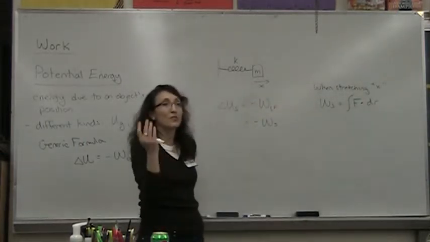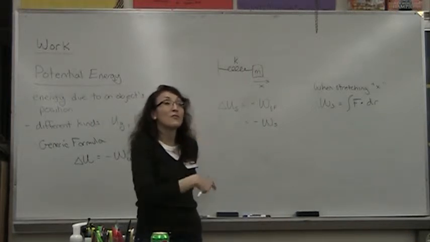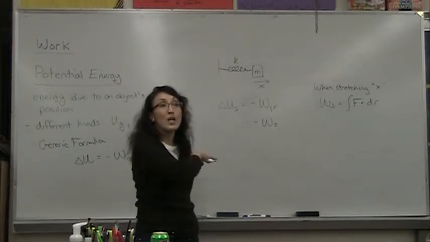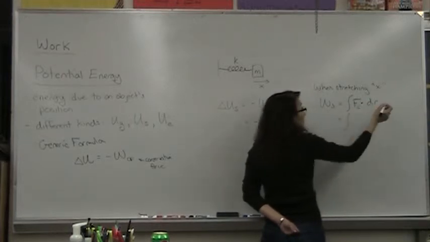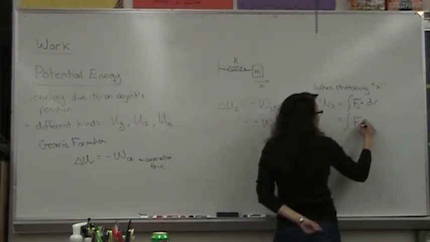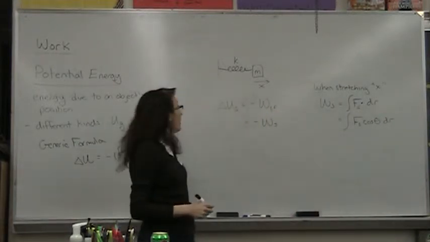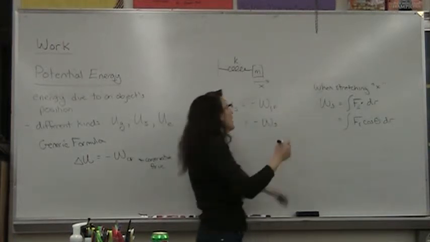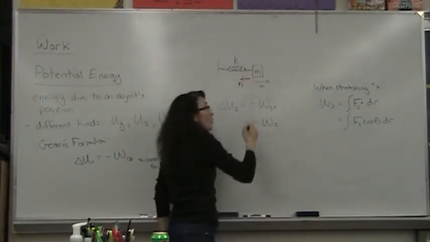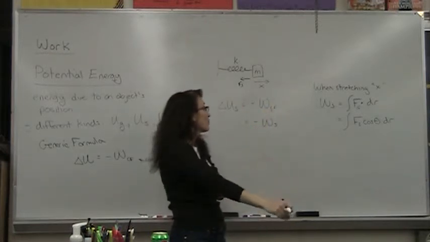Why do we have to go with the integral form this time? Because is the spring force a constant force? No. So we have to start with this. We're going to get rid of the dot and write the integral of F_s cosine theta dr. When I'm moving this to the right, what direction is the spring force? To the left, because we know that spring force fights the elongation or the compression.